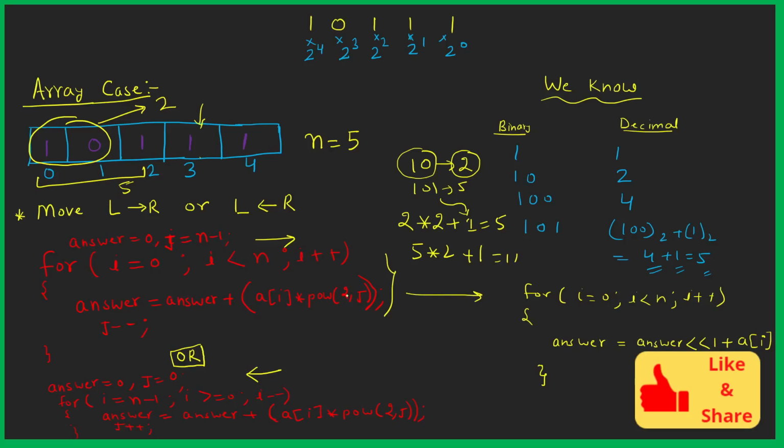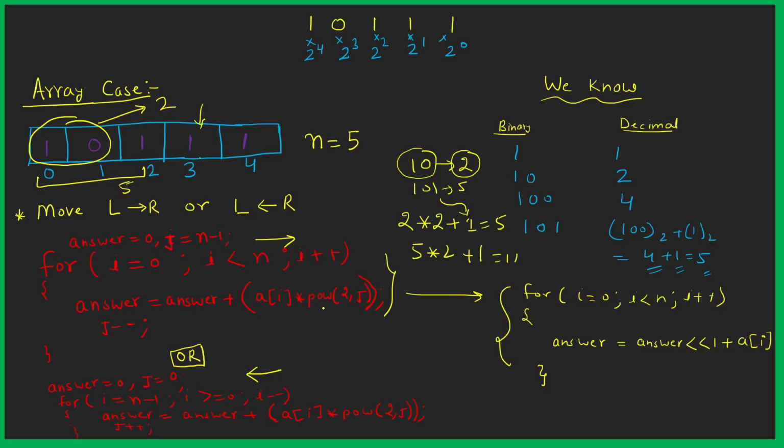So we can just change this code, and instead of multiplying and using the power function, we can just use the left shift operator. So left shift operator is actually equivalent to something multiplied with 2.